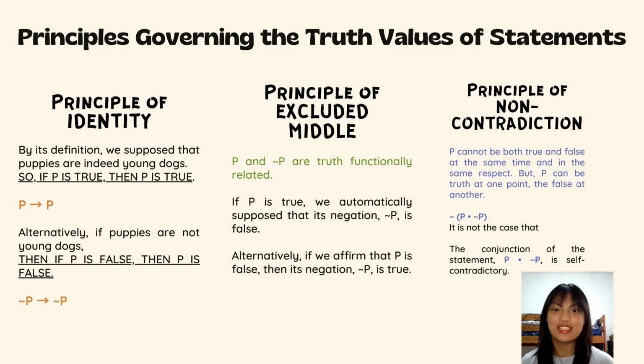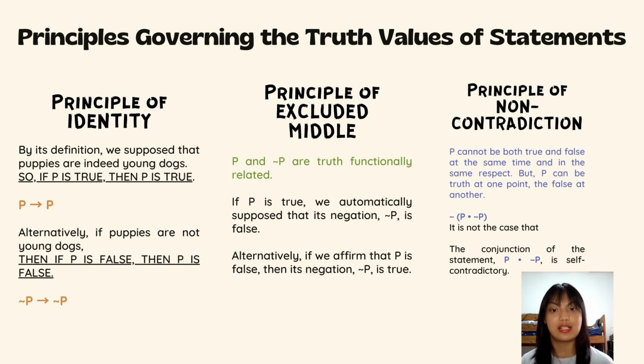Much like how it was previously discussed, this principle guarantees that the truth value of any statement is either true or false only. It does not consider the probability values. Still using the simple statement, puppies are young dogs, represented by the capital letter P, let's try and understand this principle in representation. This is read as either puppies are young dogs or they are not.